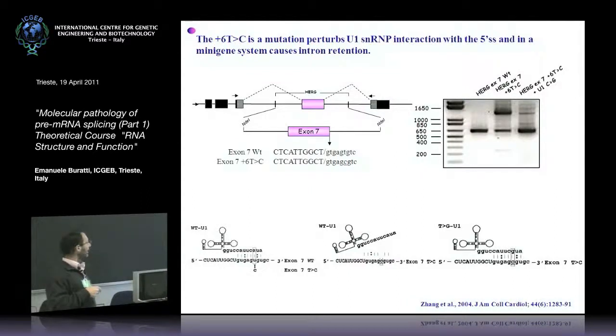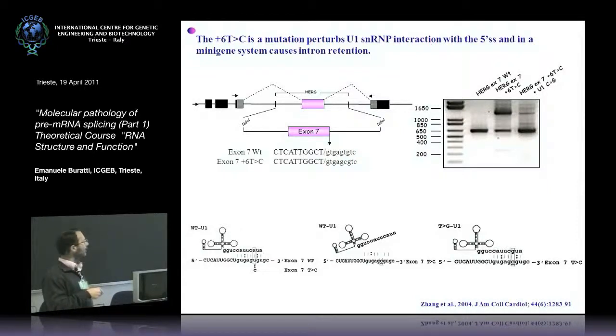So you just get your exon 7 with part of the introns, both upstream and downstream, and you make two MiniGenes. One MiniGene that carries the wild type sequence, so a T in position +6, and another one that carries the C, the putative splicing mutation in position +6.